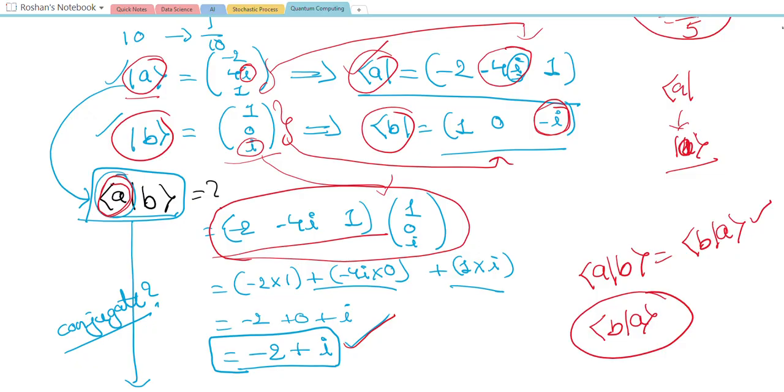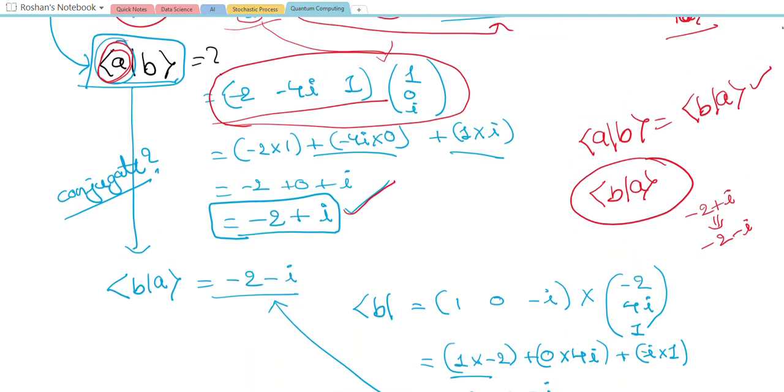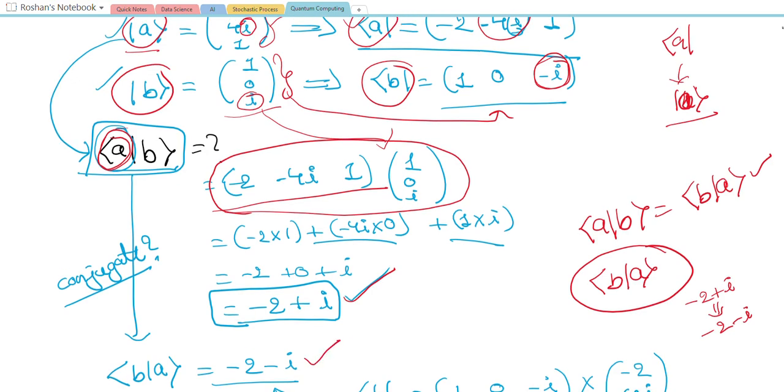It should be the same, but we have an imaginary root, so the value will change. 2 plus i will become minus 2 minus i. But still we are not satisfied with our answer. So what can we do? We can simply verify our answer.